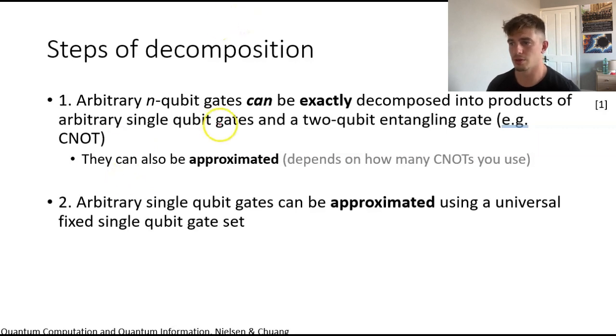And the answer is no, and the reason is that each quantum computing platform, like trapped ions, superconducting qubits, or photons, can only implement specific quantum gates. And those specific gates are usually going to be broken down into a single 2-qubit gate, which can entangle 2 qubits together.